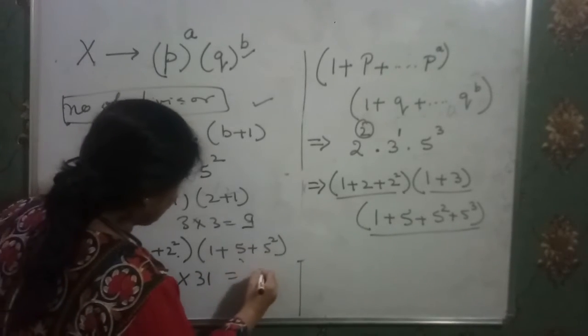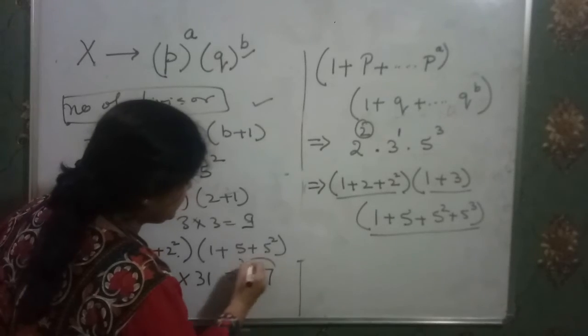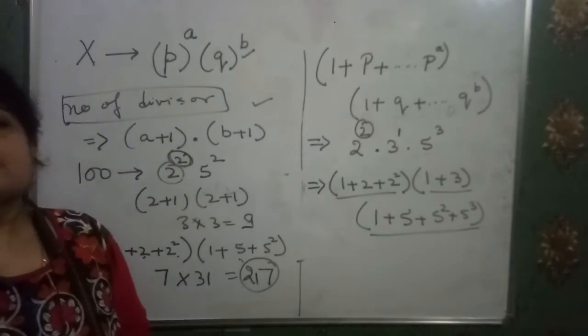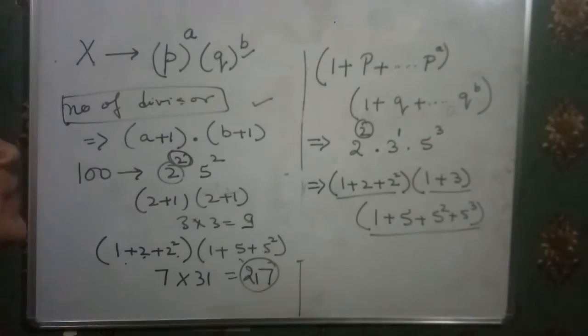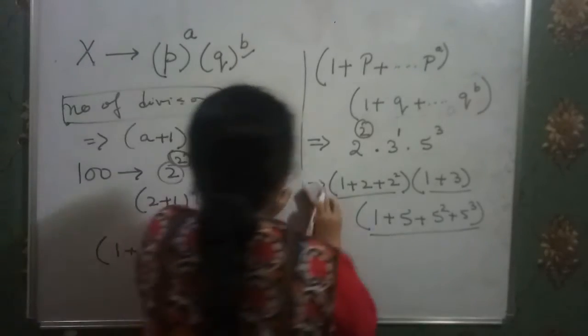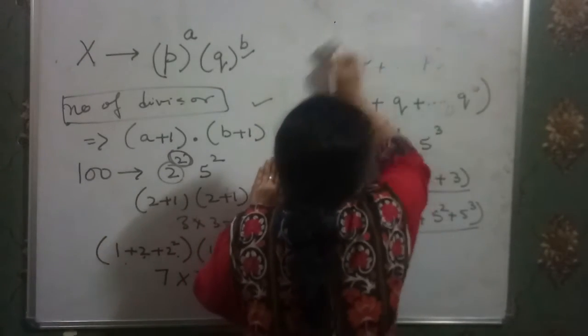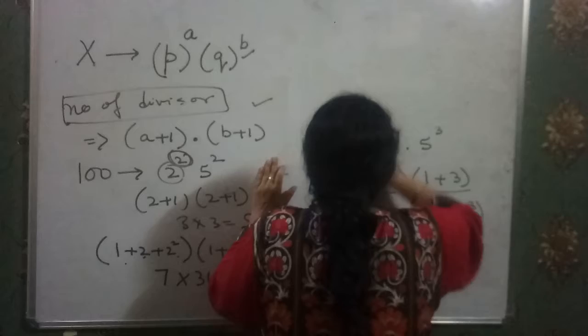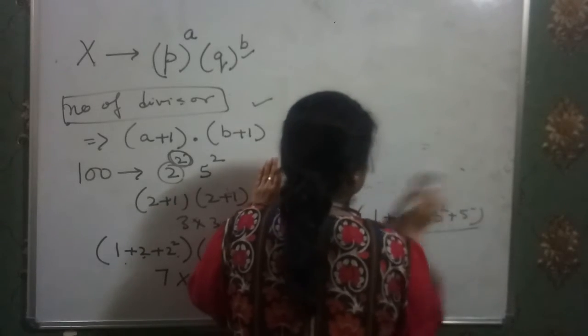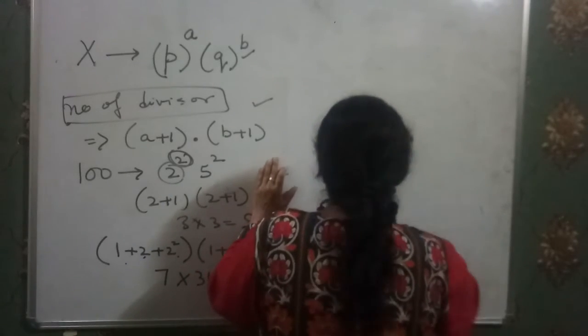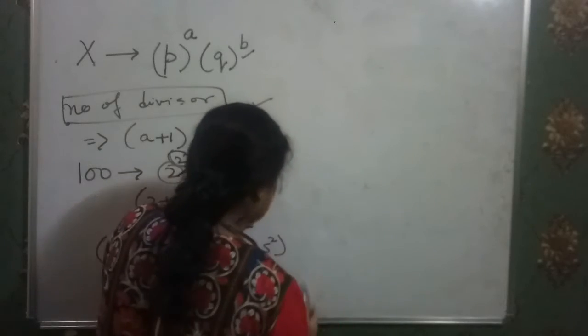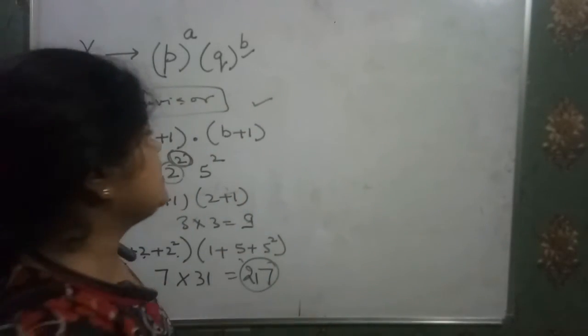So our answer is 7 into 31, that is 217. So in this way we solve these types of questions. Now one question more I want to share with you. These are generally concept based questions. If you know the formula, you can easily solve and get the marks in your examinations very easily.